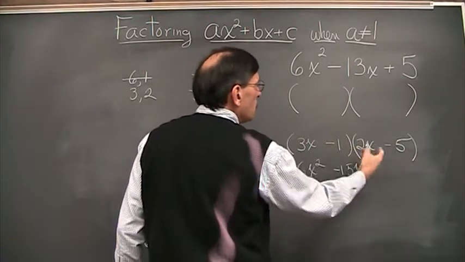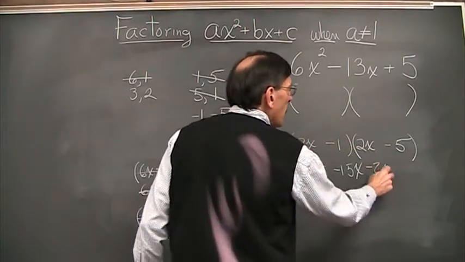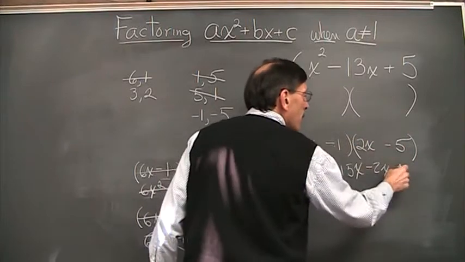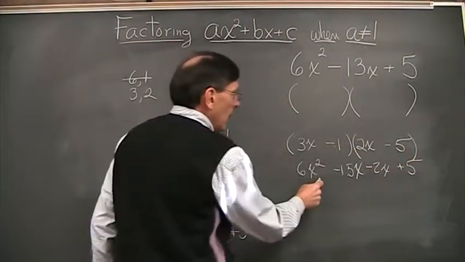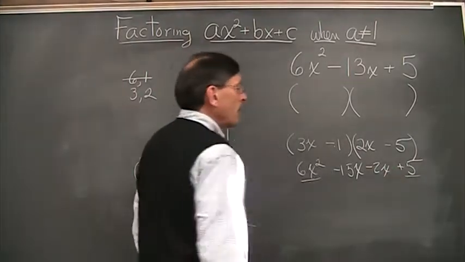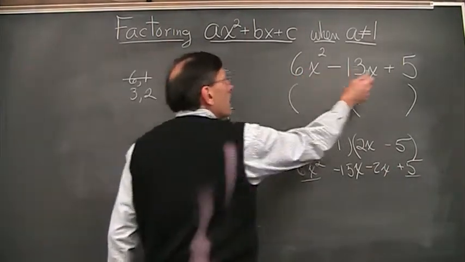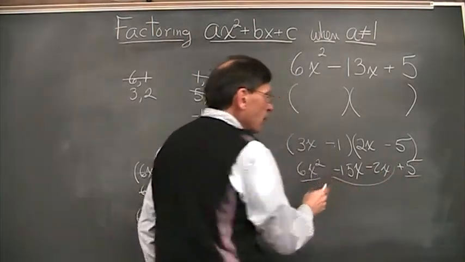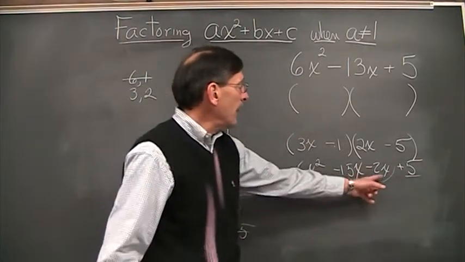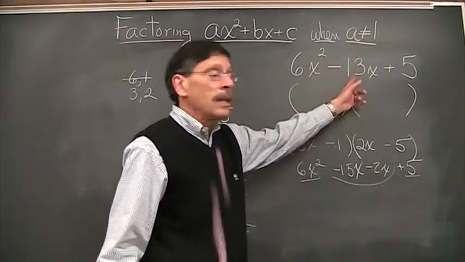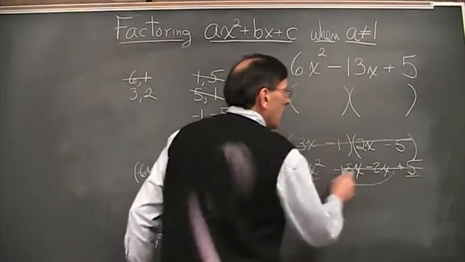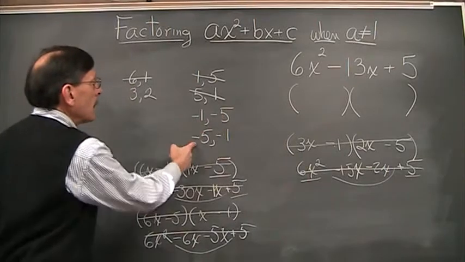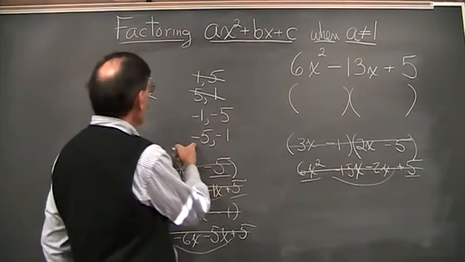Negative 1 times 2x is negative 2x. Negative 1 times a negative 5 is a plus 5. And as you can see, at this stage, the 6x squared and the plus 5 are just fine. We're looking at the middle term. And negative 15 and negative 2 add up to negative 17x. Does not work. So this pair is not correct. Let's check the second pair.